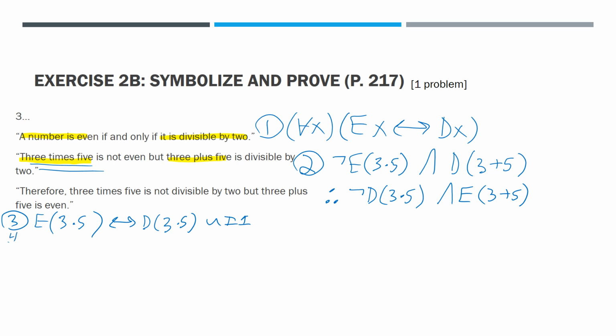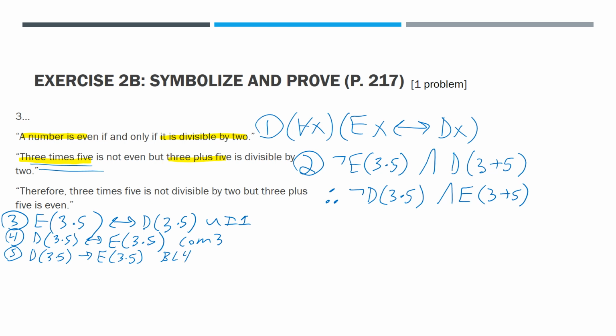For 4, I'm going to use a commutative rule. In this case, we'll say D 3 times 5, if and only if E 3 times 5, and then by the biconditional law we can get D 3 times 5 arrow E 3 times 5, biconditional law sentence 4.